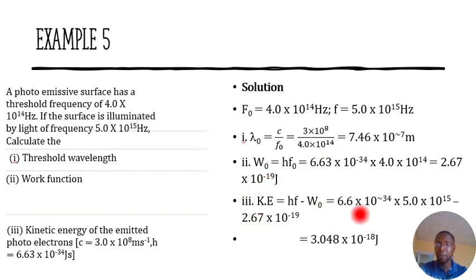So we bring it down here to minus 2.67 times 10 to the power minus 19. And when we simplify this, our kinetic energy will be 3.048 times 10 to the power minus 18 joules.